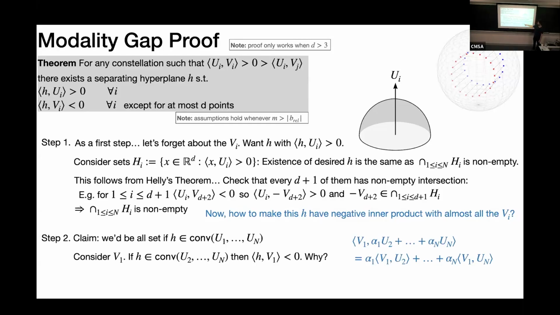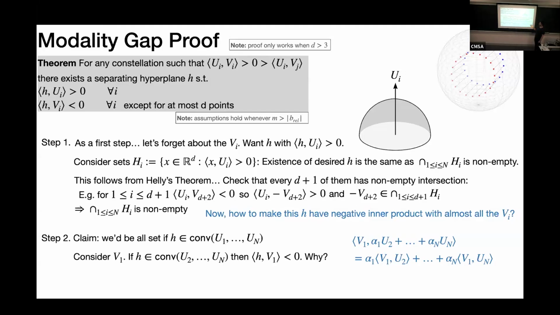Then by linearity, you just expand out the inner product, and V1 has a negative inner product with each of the components that make up H. And so you just have a conic combination or convex combination of negative quantities, and we get the property that we want. Okay, so this step's a little subtle. It's saying that if you only care about V1 and H were in the convex hull of the rest of them, you'd be in good shape.